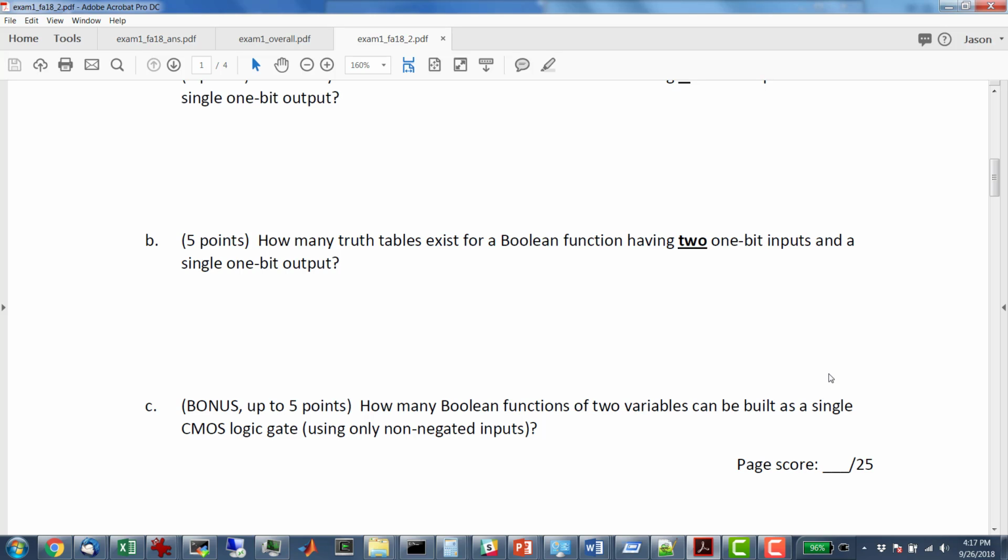Otherwise, you can't activate the pull-down network unless you give it at least one input that's a 1 that will turn on an NMOS transistor, right? So PMOS transistors turn on with a 0, and an NMOS turns on with a 1, right? And PMOS is the pull-up and NMOS is the pull-down.